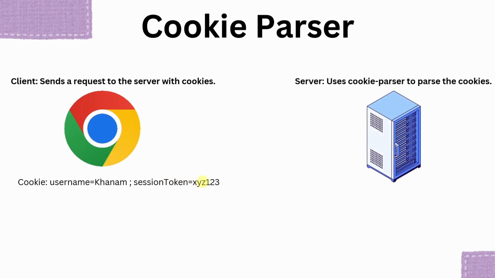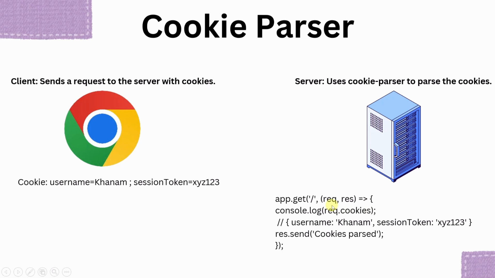And what will the server be doing? Using cookie-parser, it is just going to parse the cookie so that we can easily access the cookie information. Once I use request.cookies, inside this object I will have username and then session token. So this is my cookie data.